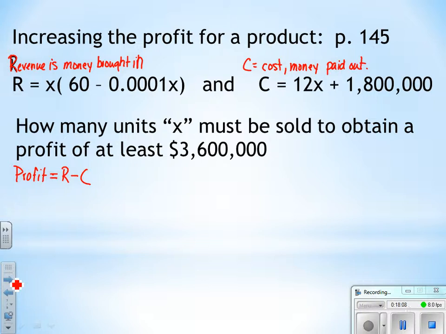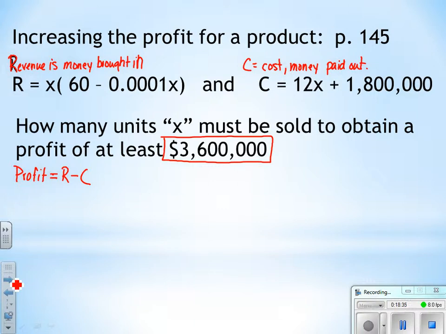So they've given us an expression for revenue for this situation, and they've also given us an expression for cost in this situation. They're also telling us that we have a goal that we're trying to meet or exceed for our profit. Okay, so it's going to look a little bit funky in the beginning because there's a lot of pieces to it. But let's go ahead and set up an inequality that fits this situation.